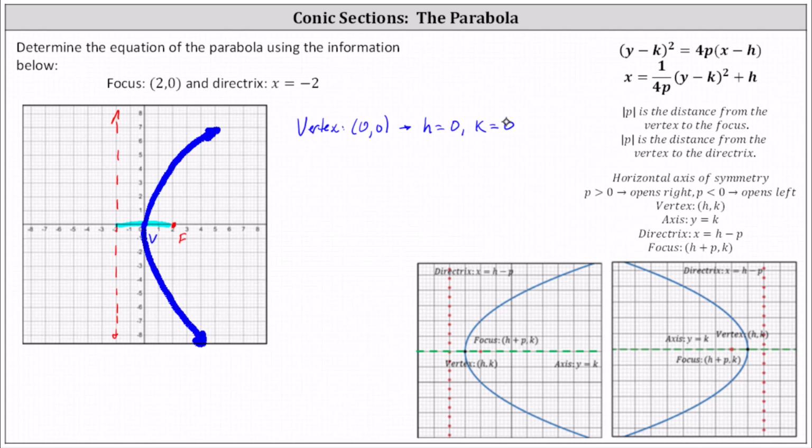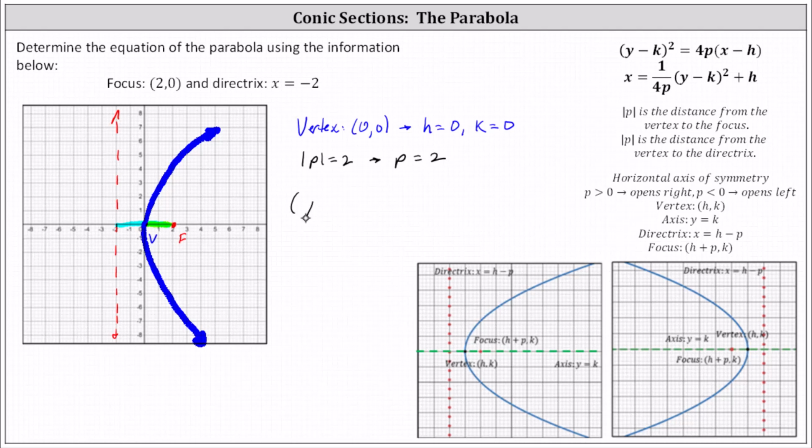And now to determine the value of p, the absolute value of p is the distance from the vertex to the focus, this distance here, as well as the distance from the vertex to the directrix, which indicates the absolute value of p equals 2. But because the parabola opens to the right along the positive x-axis, we know p equals +2. This is all the information we need to write the equation of the parabola.